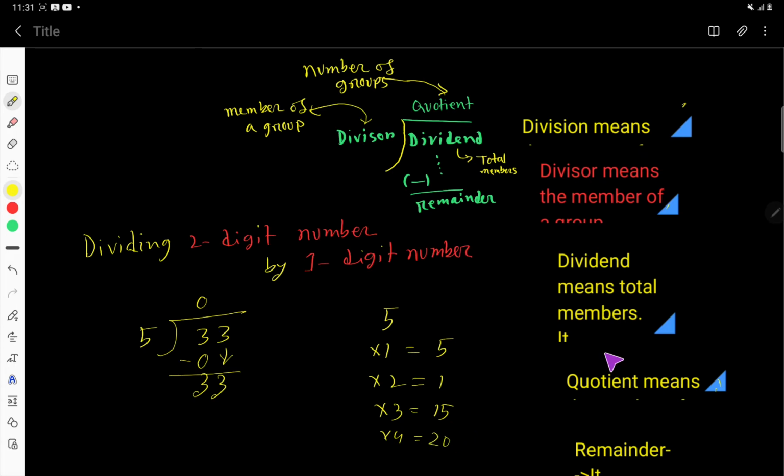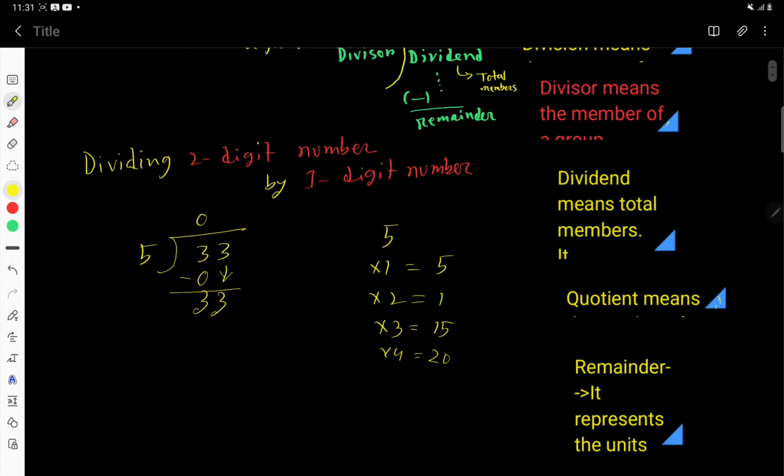Then here we have, look, 33, so you have to proceed. 5 times 5 gives us, just add 5, 25. Then 6, 30, right? Just add 5 with this 25. Then 7, just add 5, 35.